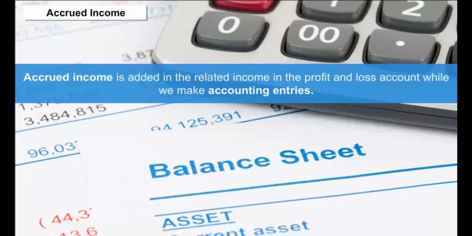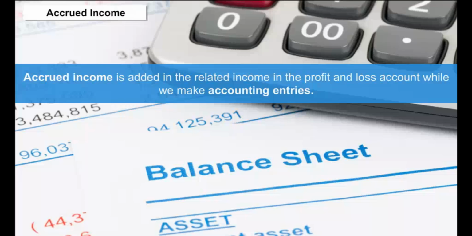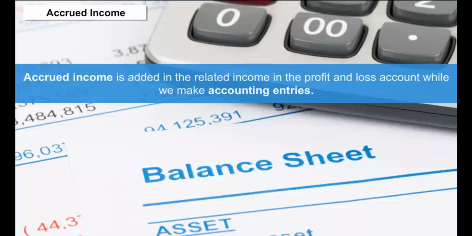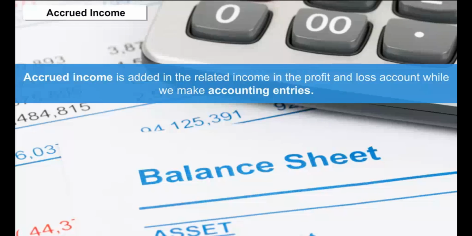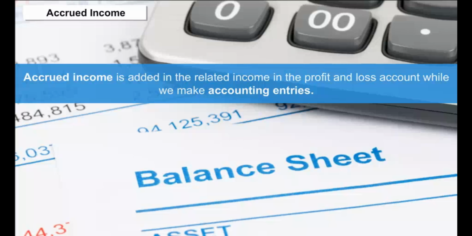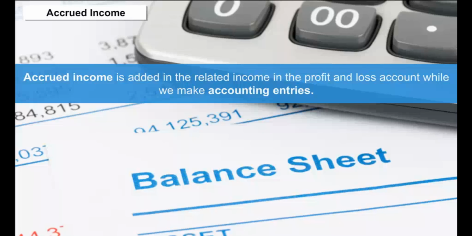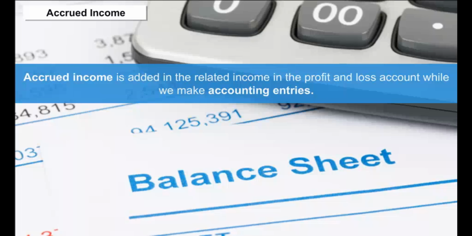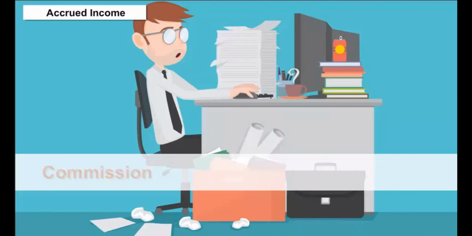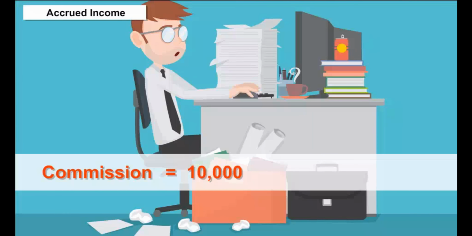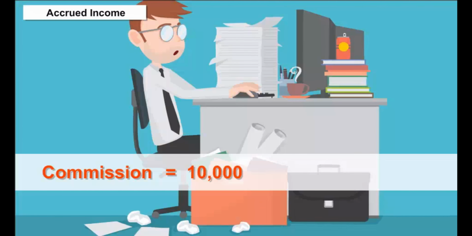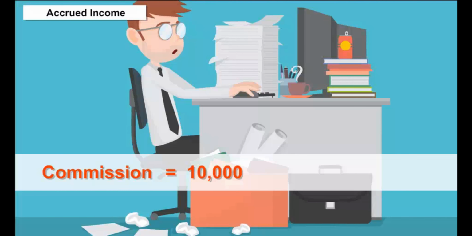Accrued income is added in the related income in the profit and loss account while we make accounting entries, and also it will be shown under the header assets in the balance sheet. Suppose Rahul received a commission of rupees 10,000 from some party for rendering his services to them.